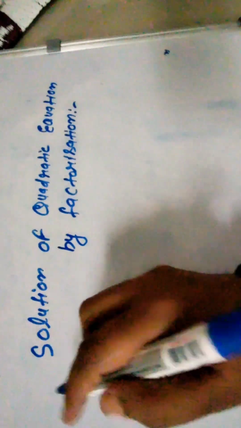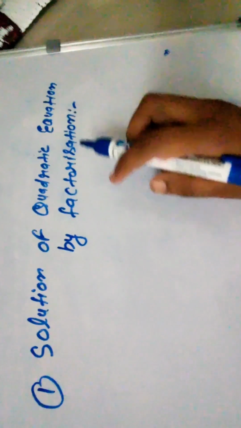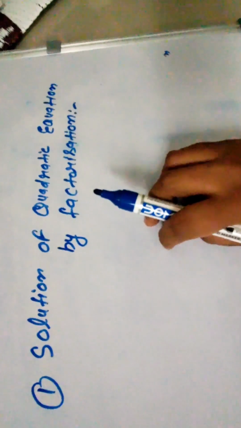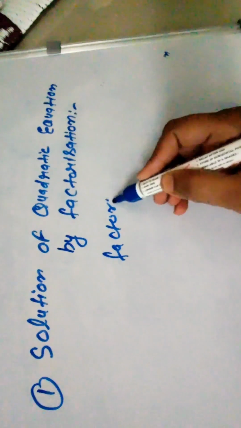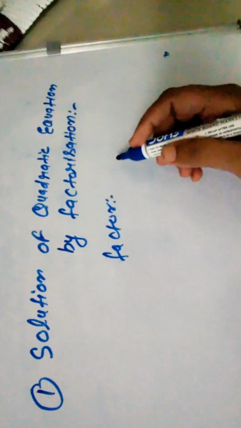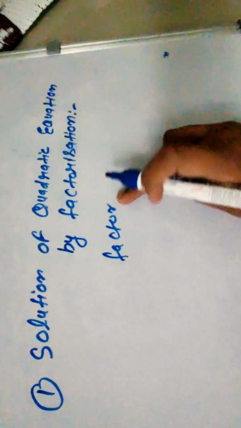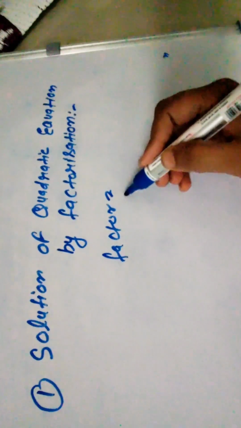Now start with the first method, solution of quadratic equation by factorization. First, what is a factor? A factor means any number by which we divide and the remainder comes 0. Just 6.